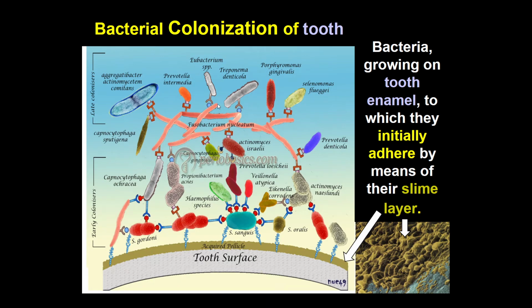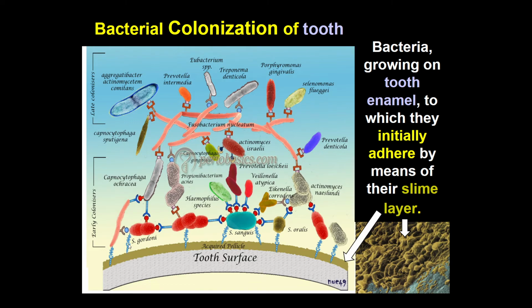In this slide, you see the multi-layered structure of the biofilm that is formed due to the colonization of the tooth surface by many bacteria that normally live in the mouth. Bacteria growing on tooth enamel are shown, to which they initially adhere by means of the slime layer.